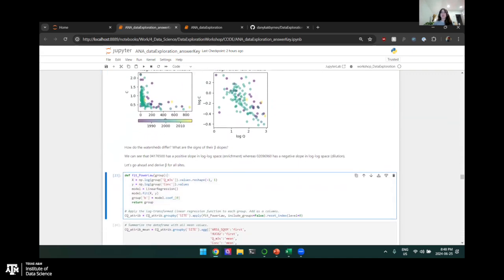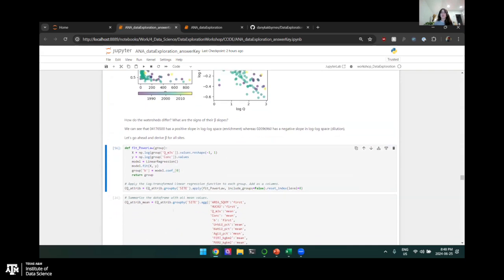Okay, so we're going to calculate this relationship for all of the watersheds. So I'm just running that function. I wrote a function to be able to do it all together. And I'm using that group by function I had mentioned. The CQ attribute is our data frame with all the data.